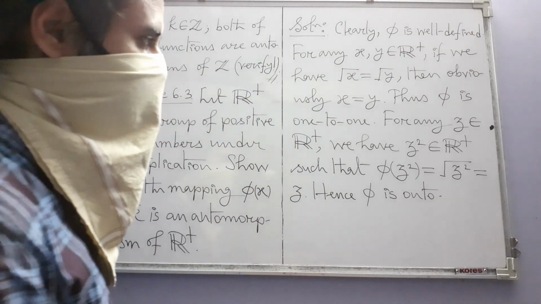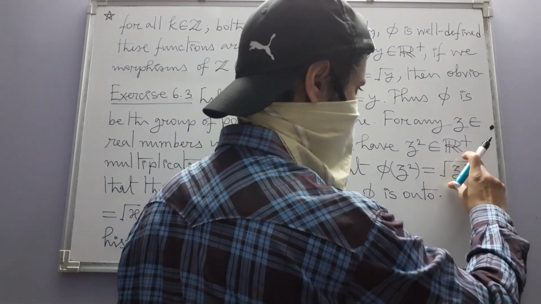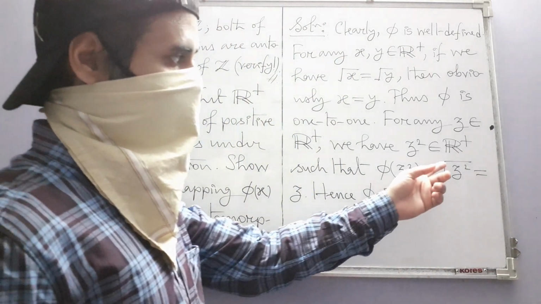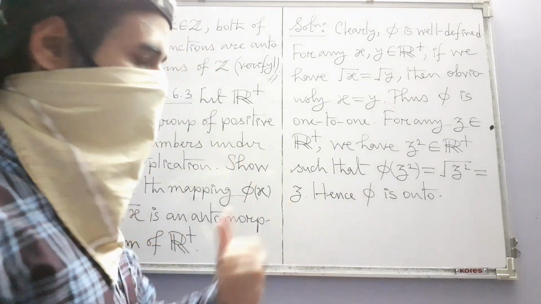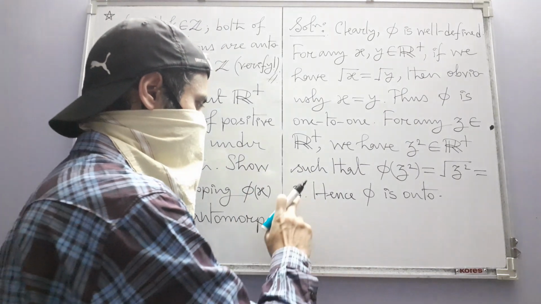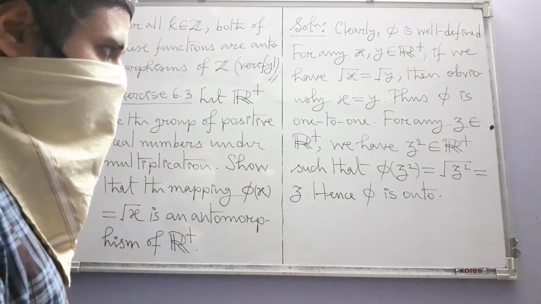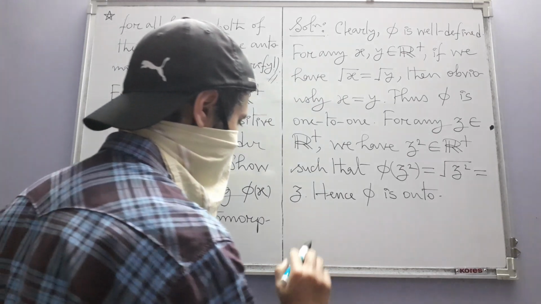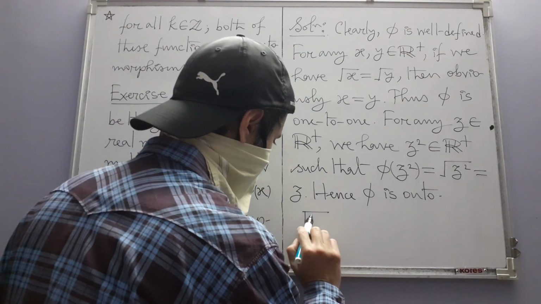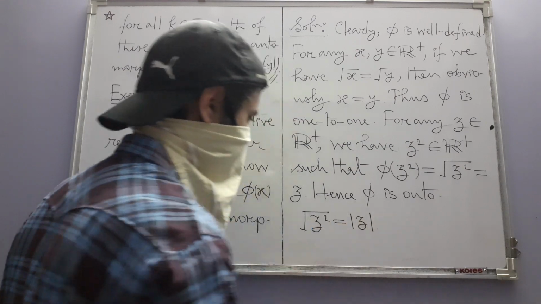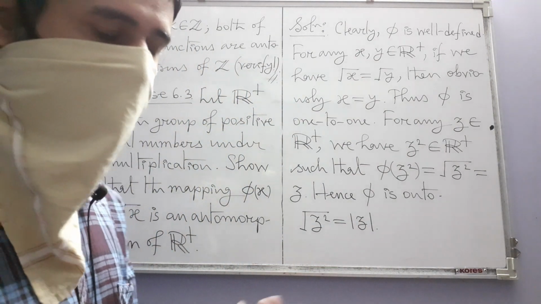Note one thing, that when you see something like this, do not just simply write z. In general, if nothing is mentioned about the sign of z, you only know that z is a real number, then this is true. Why?